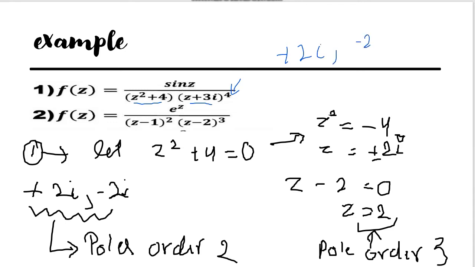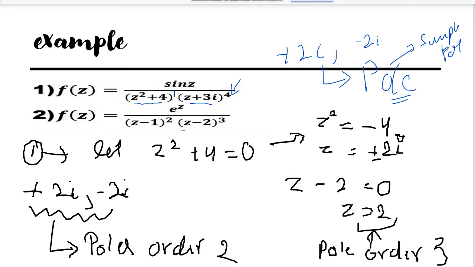So plus minus 2 iota which we got, these are poles. What is the order of the pole? 1. So this is called a simple pole.